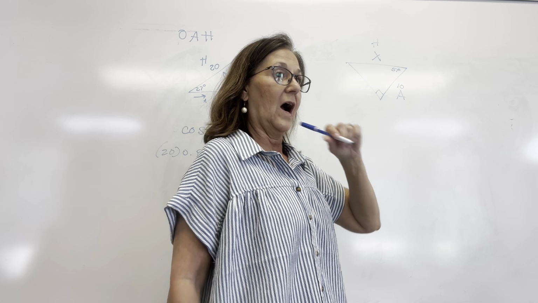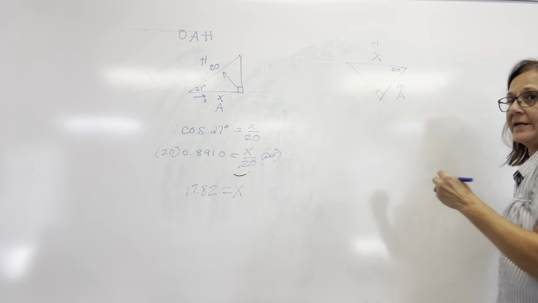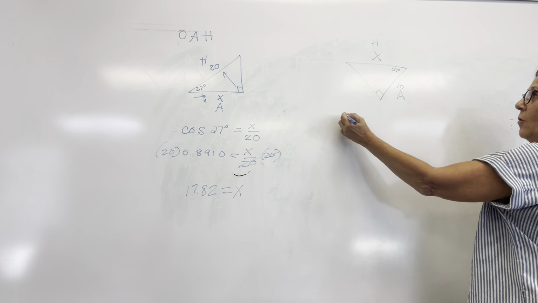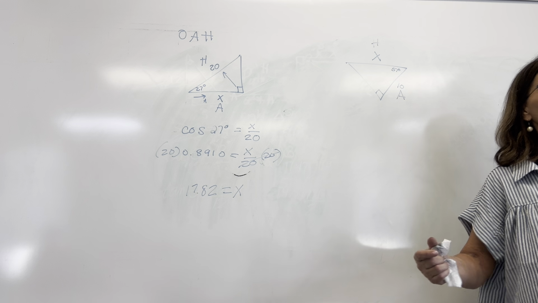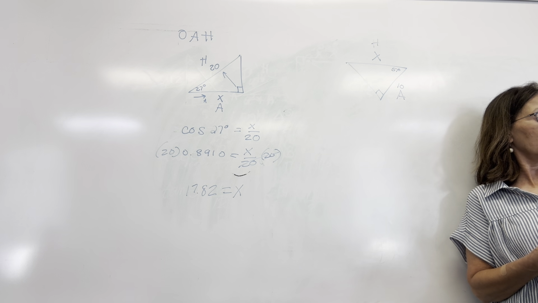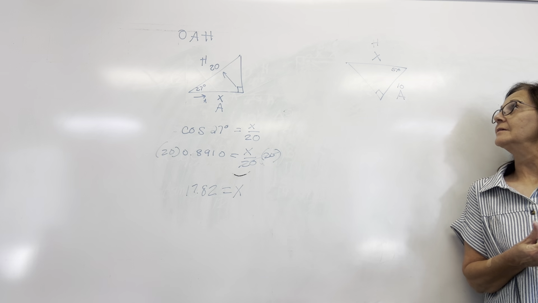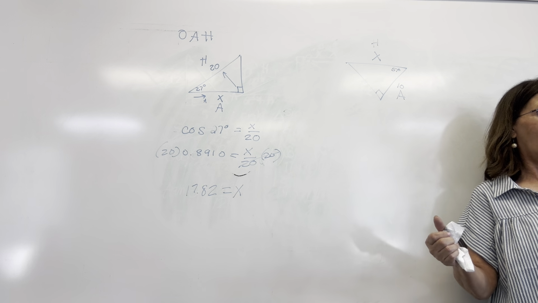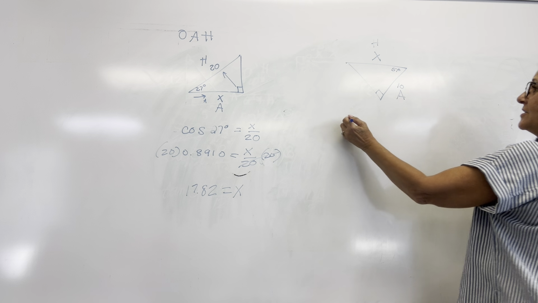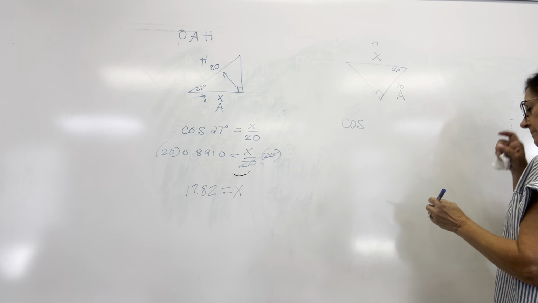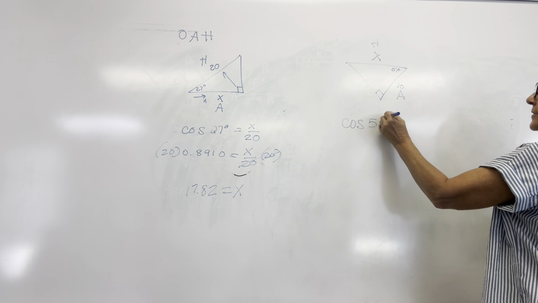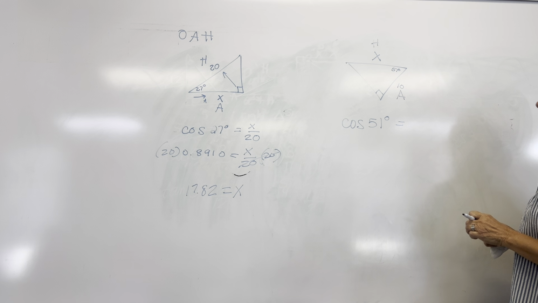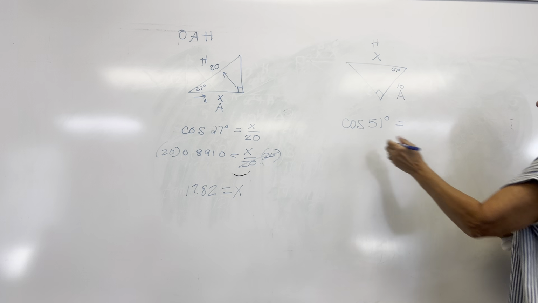All right, so how am I going to write my equation? Am I going to use sine, cosine, or tangent? Cosine, because we have A and H. So I'm going to write the cosine of 51 degrees equals 0.6294.